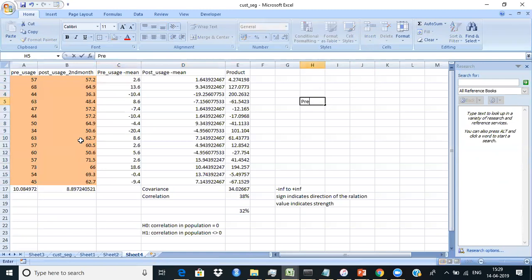Here you have pre-categories and here you have post-categories. We look at how many people move from high to high, how many move from high to low, and so on. So you will get the numbers.